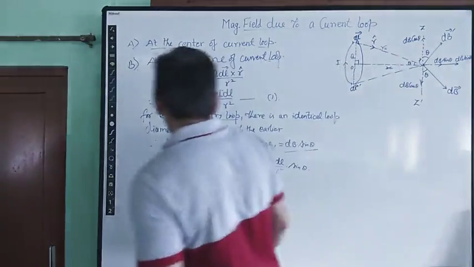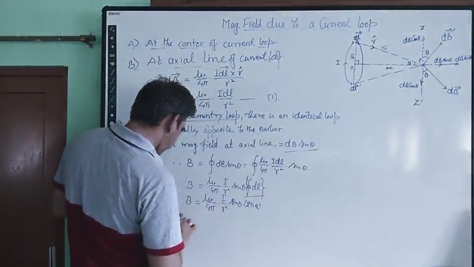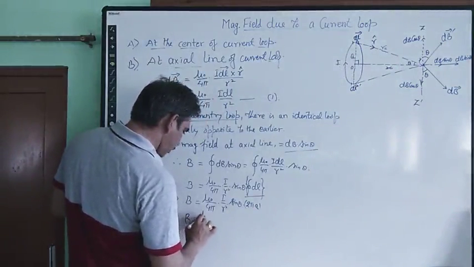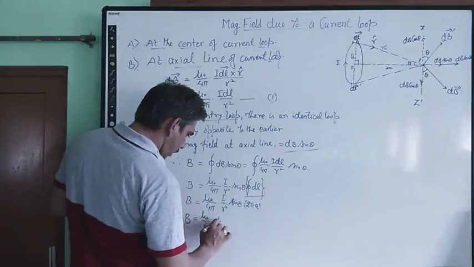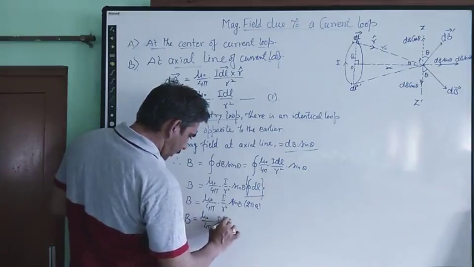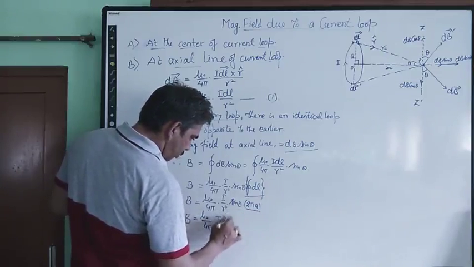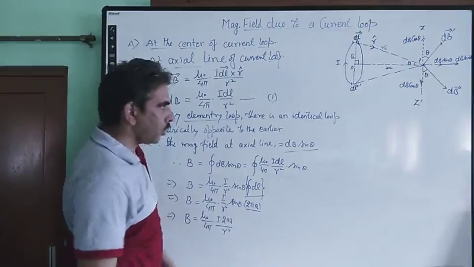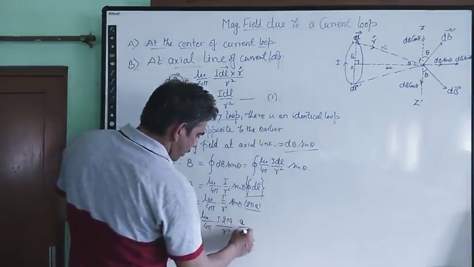So the magnetic field is mu naught upon 4 pi into I into 2 pi a upon r square into sin theta, which is perpendicular upon hypotenuse. Here perpendicular is a and hypotenuse is r.